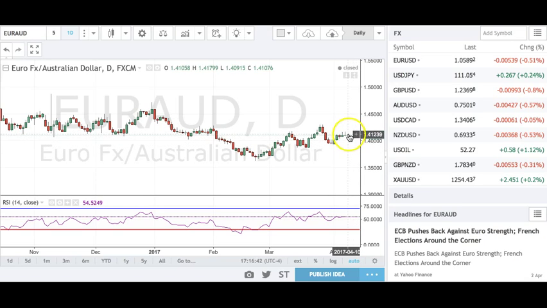On the other hand, if we can take out the 141.50 to the upside, that would present a much higher probability bet towards a run all the way out to the 143s. It still looks like a positive chart on a longer term view, with just a stall at these levels. This week, of course, we have the Australian data and the fears on the Eurozone, and it's interesting to see whether the failure to the downside or the move to the upside is going to be the one that wins.